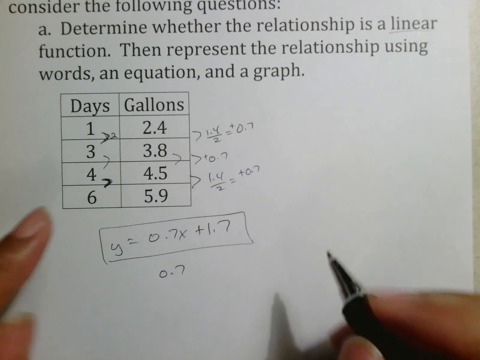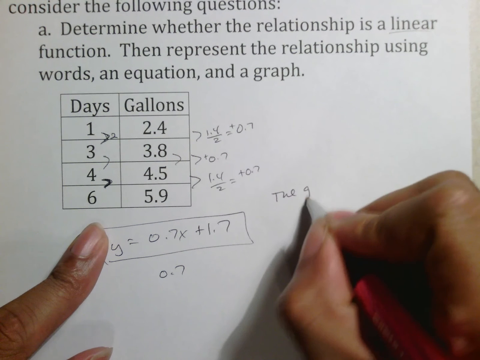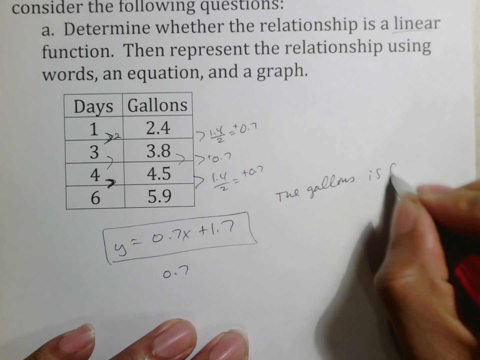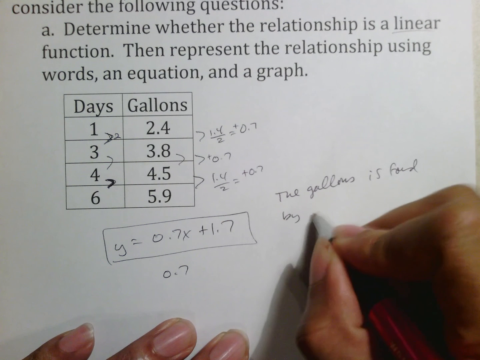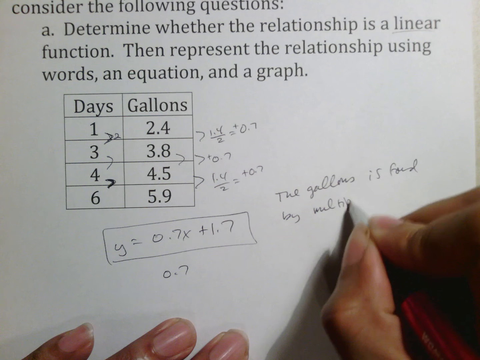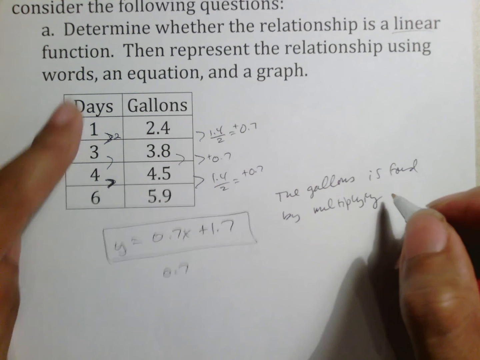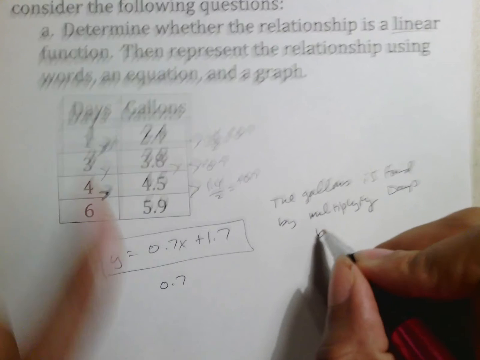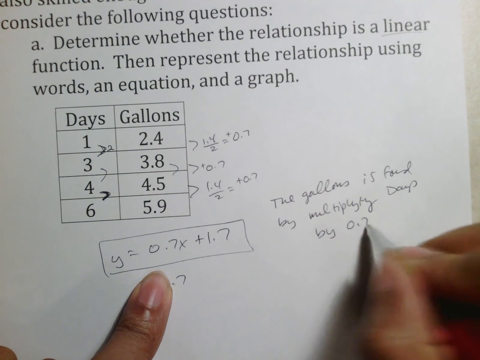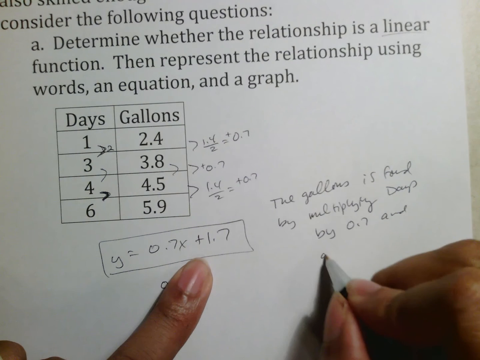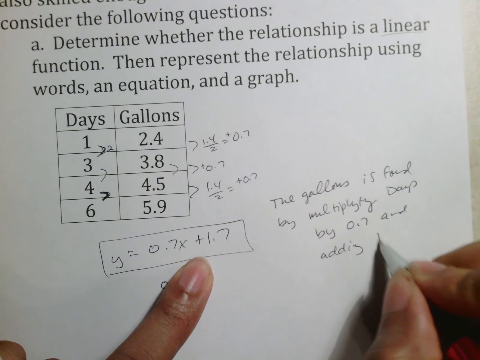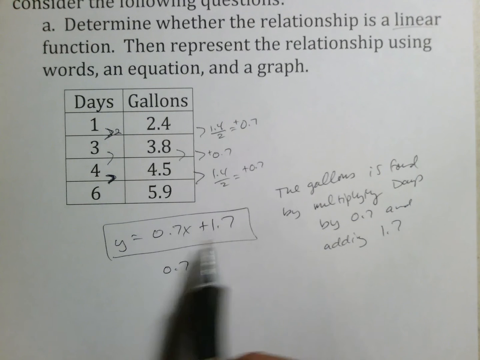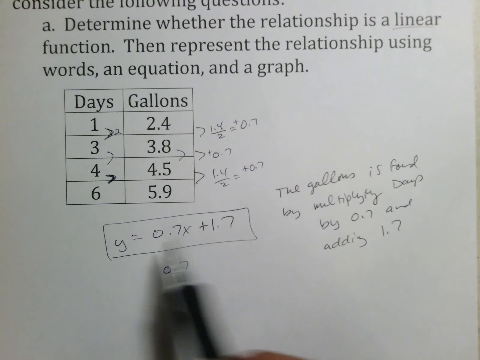And so what you say here is the gallons is found by multiplying this column, which we see as days, by whatever we multiply it by, which is 0.7, and adding 1.7.